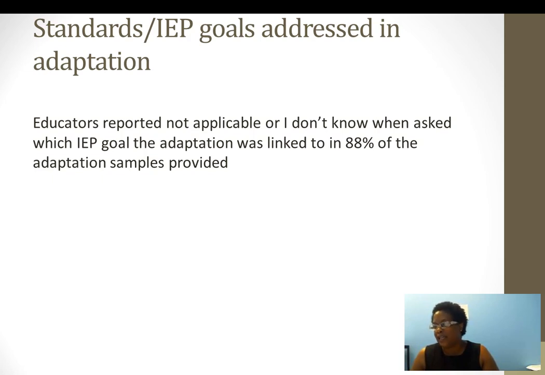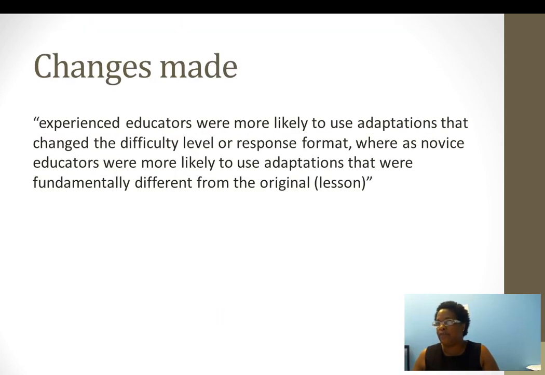So they did this study, and there was a group of teachers, and they made adaptations. So they asked the teachers, how was this linked to the IEP goals of the student? And they didn't know. They couldn't answer that.